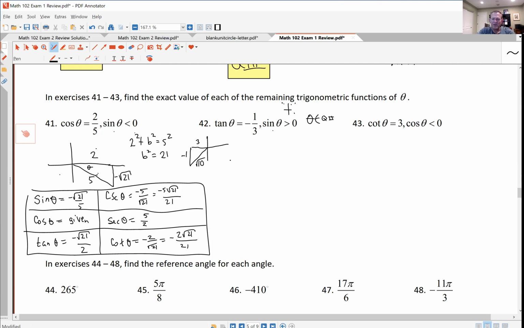Now we can find the value of each remaining trig function. Sine of theta is negative 1 over root 10, which is negative root 10 over 10. The reciprocal, cosecant theta, is negative root 10.